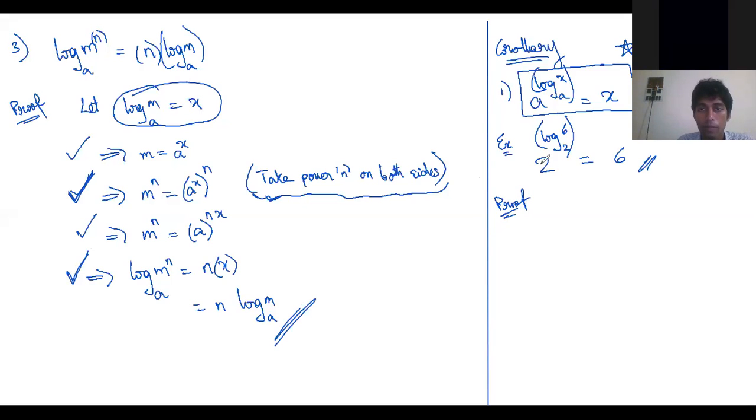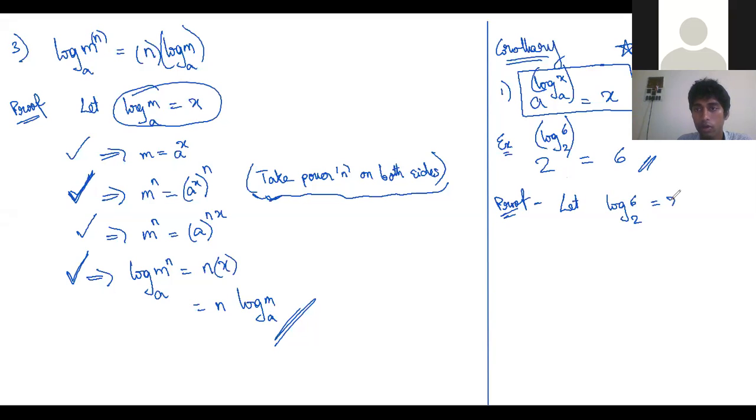So I am going back to the proof now. The proof of this is: let log 6 base 2 is equal to x. If log 6 base 2 is equal to x, from here can I say that 6 is equal to 2 power x?